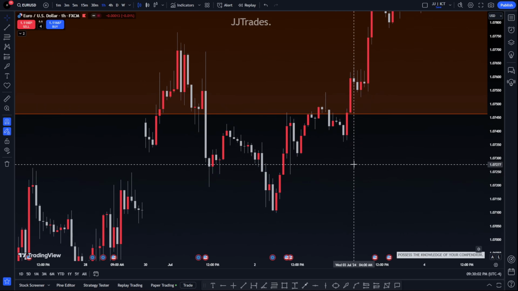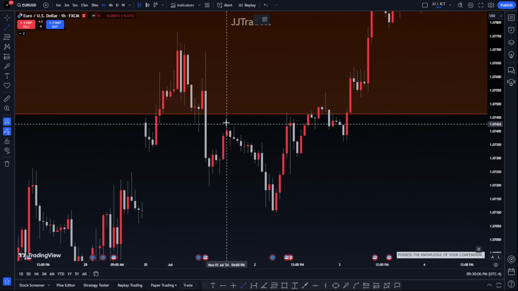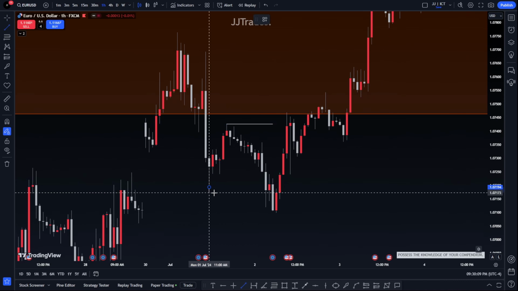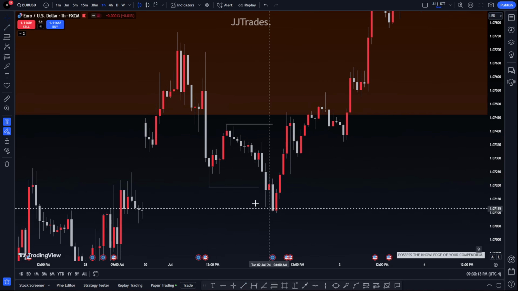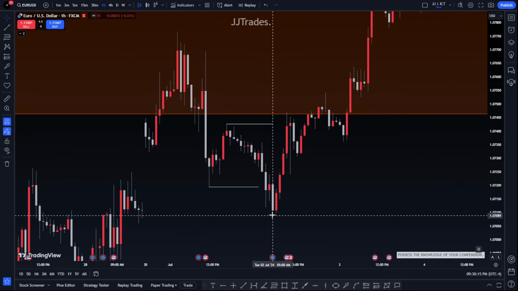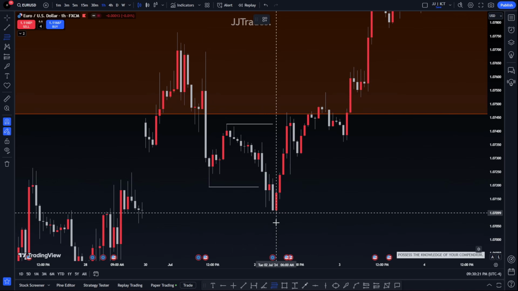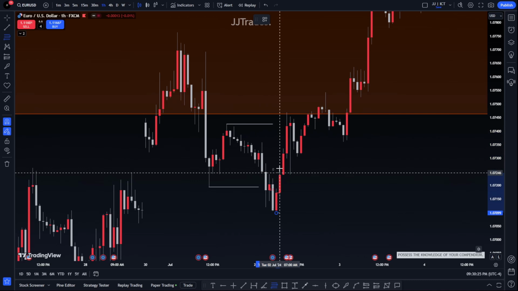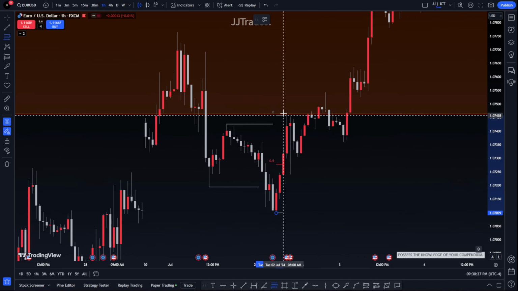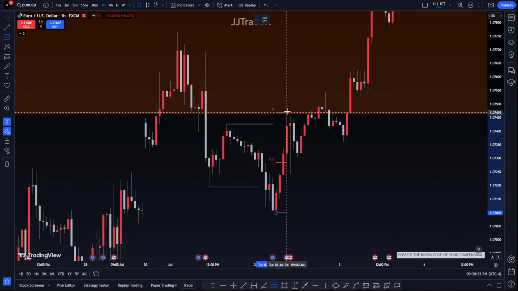Alright, right here, we got this high and that low. Price takes out the low. This is the lowest swing low after that low was taken out. Price took out that high, and the highest swing high after that high was taken is right here.